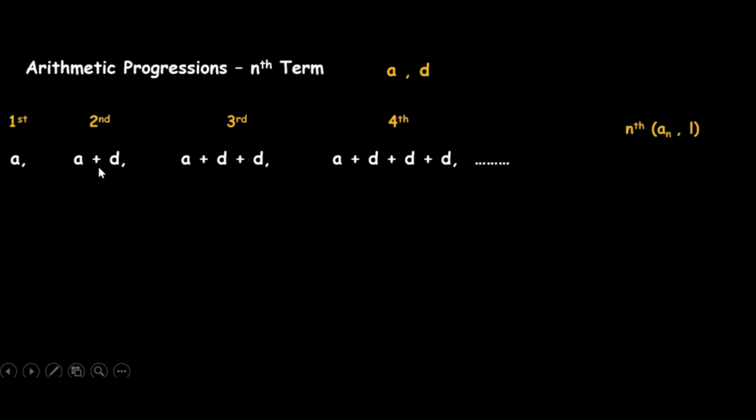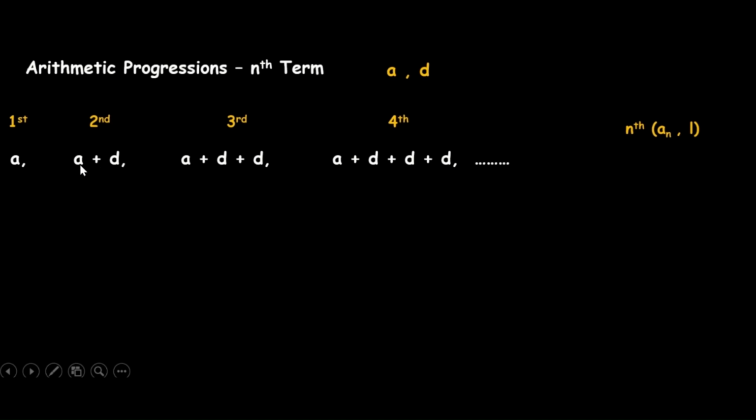So as we discussed, except the first term, the remaining terms of the arithmetic progression are obtained by adding the common difference D to the previous term or the preceding term. So here the preceding term for the second term is the first term A, and the constant difference is D. So by adding A to D, we get A plus D for the second term.